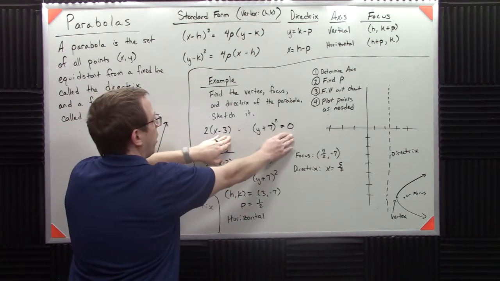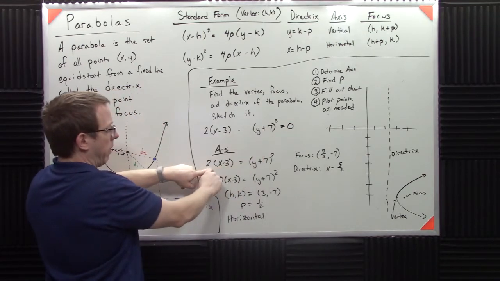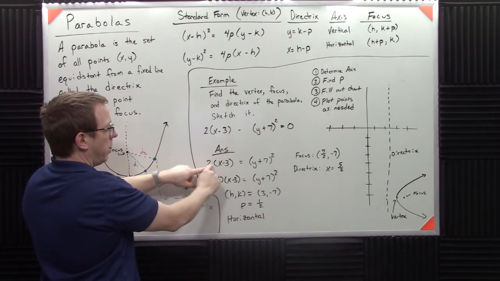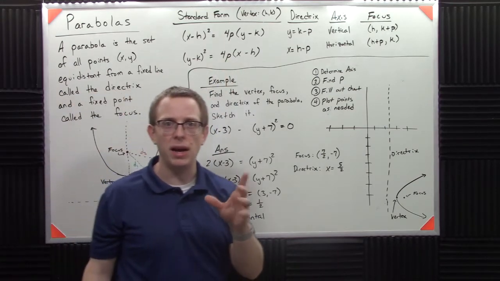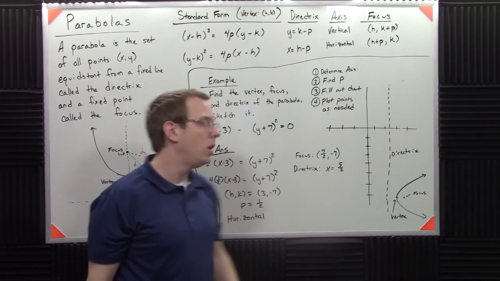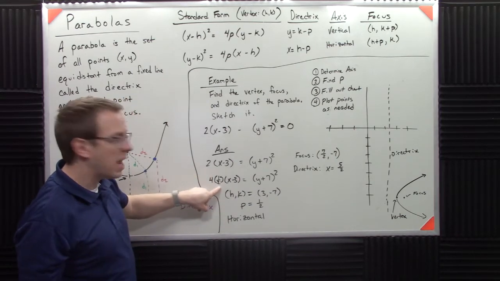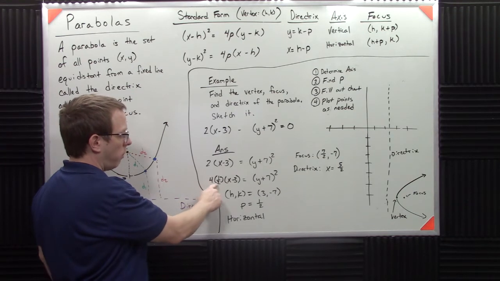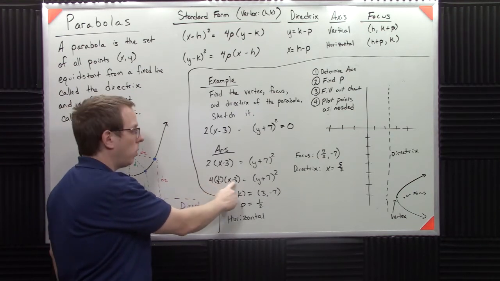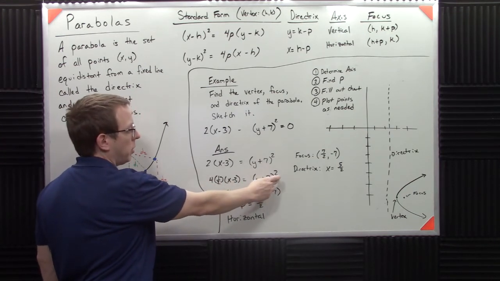So I move that over. I get that on this side. Now I have 2 times x minus 3. But I need 4 times a number. I have 2, but I need 4 times a number. So 2 is 4 times 1/2. So now I have 4p times x minus a number equals y minus a number squared.